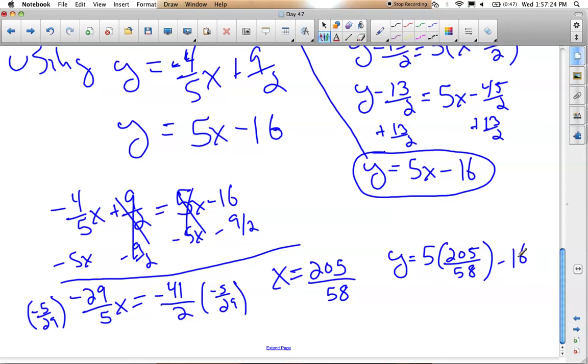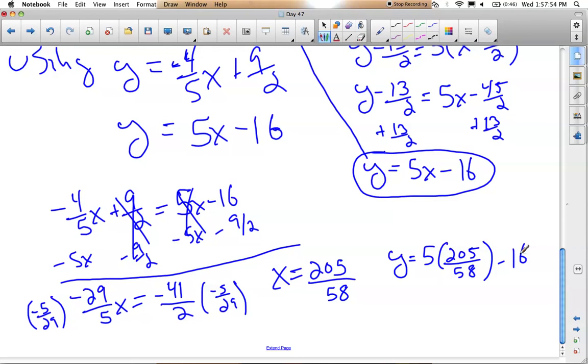To get y, y is equal to 5 times 205/58 minus 16. So 5 times 205 divided by 58 minus 16.